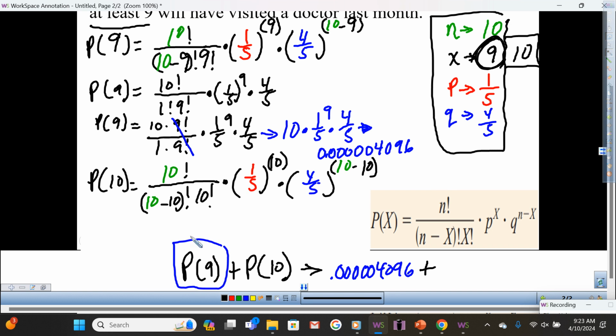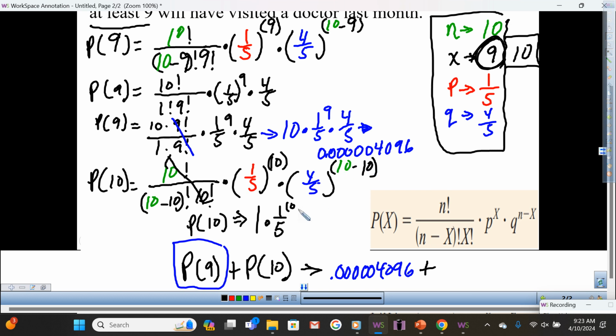So just to go a little bit faster, look up P of 10. What is 10 factorial over 10 factorial? That's a 1, right? Question, what is 10 minus 10? What is 0 factorial? Remind your neighbor. It's 1, right? So this whole thing is 1 times 1/5 to the 10th power.